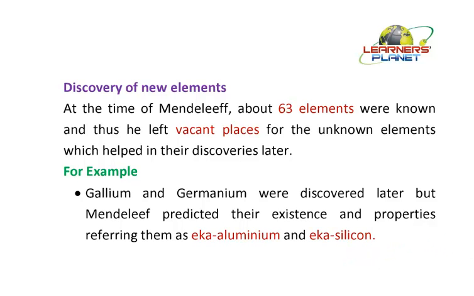In his periodic table, after silicon he left a vacant space and named it Eka silicon, and after aluminium he named another element Eka aluminium.